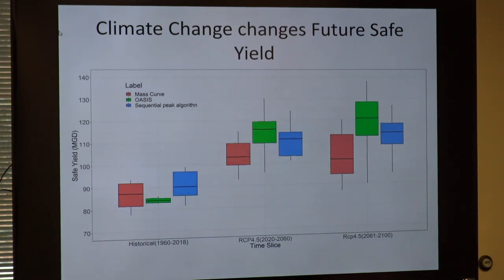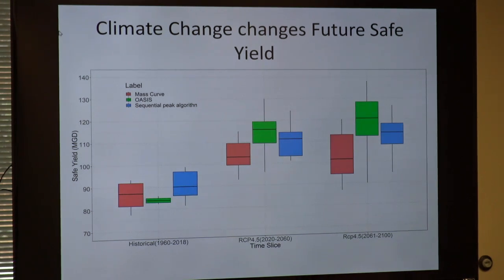And we have time slices here, and this is how most of the climate studies are presented. One time slice showing a projection from 2020 to 2060, and a second time slice of 2061 through 2100. Most climate change studies, this is how people present their work.